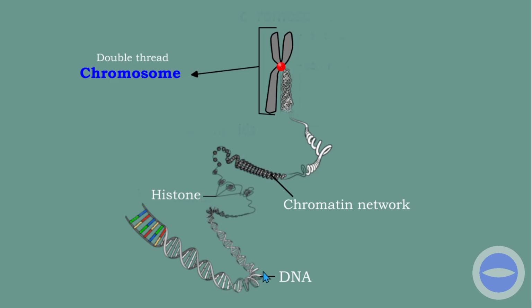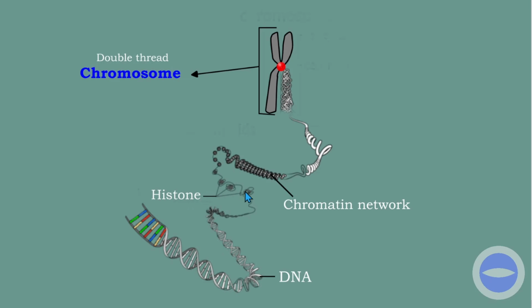We learned about the DNA, and this DNA is wrapped around a protein. The name of this protein is histone. As a grade 12 learner, you don't have to worry about the name of the protein. You just have to know that the DNA is wrapped around a protein.